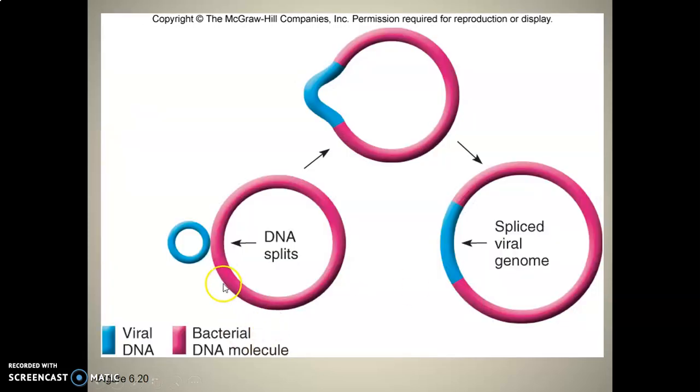Now, that viral DNA can also inject itself into the bacterial DNA. So again, this is how they would change the bacterial DNA or transform the bacterial DNA in order to make it so that that bacteria may be more pathogenic if it doesn't necessarily kill it, okay?